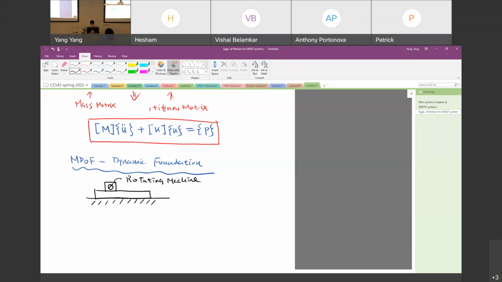The rotating motion is placed on a foundation, supported on the soil. So this type of structure can be simplified or modeled.